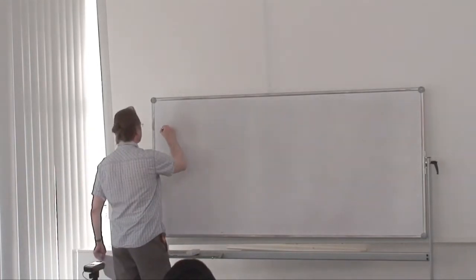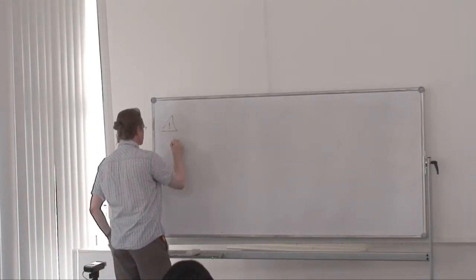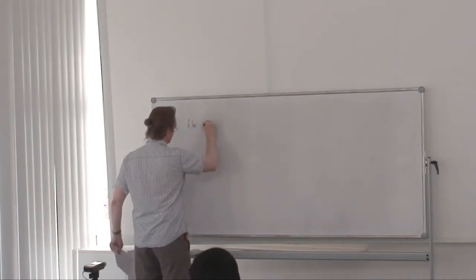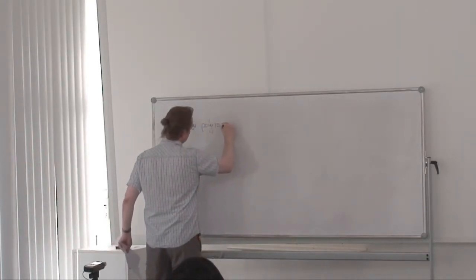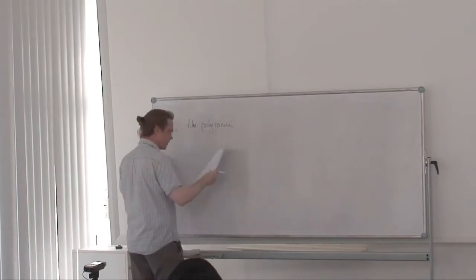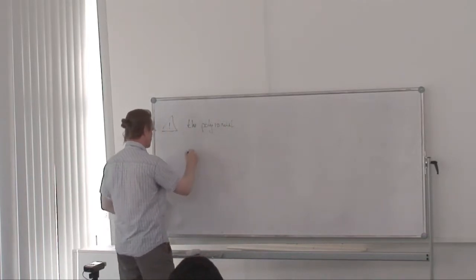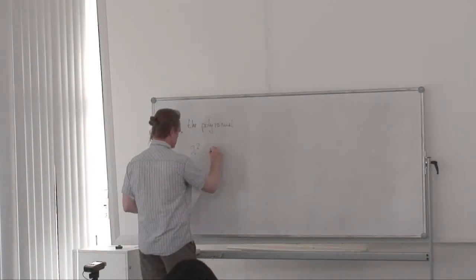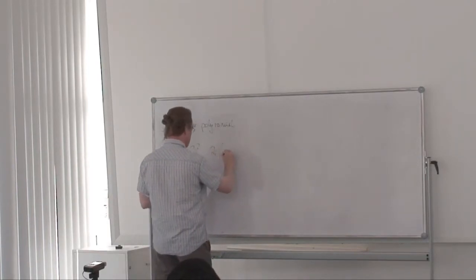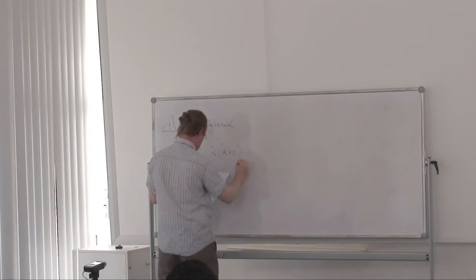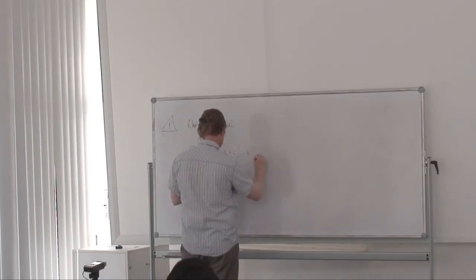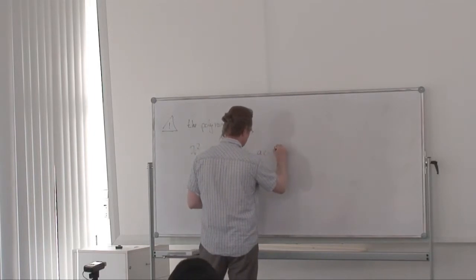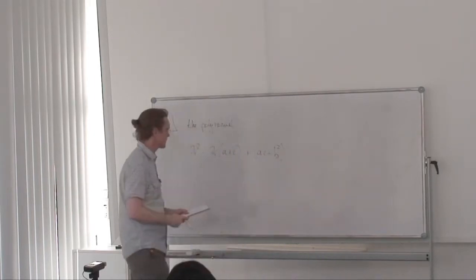Note, this is really crucial, the polynomial. And now I'm again computing the product here. Lambda I squared minus lambda I (A plus C) plus AC minus B squared.